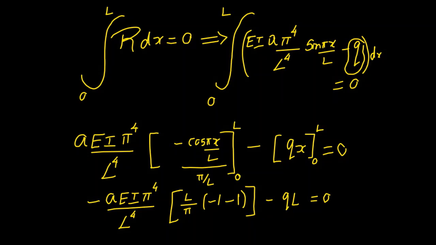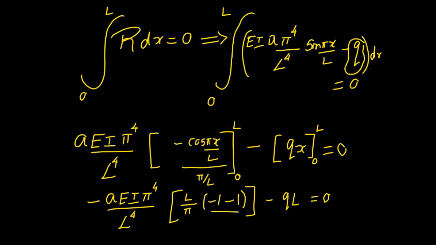So let me do the next step. Let us proceed. It is minus 2 here, so minus 2 into minus, you are going to get plus 2. So it is 2a EI pi raised to the power 4 divided by L to the power 4. But already there is a pi in the denominator and already there is an L in the numerator.